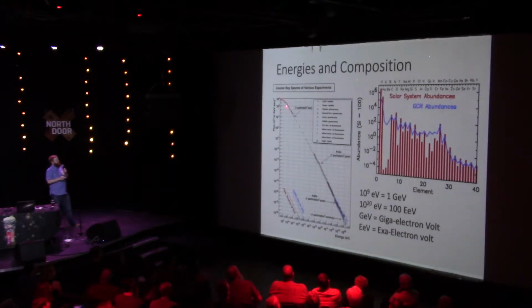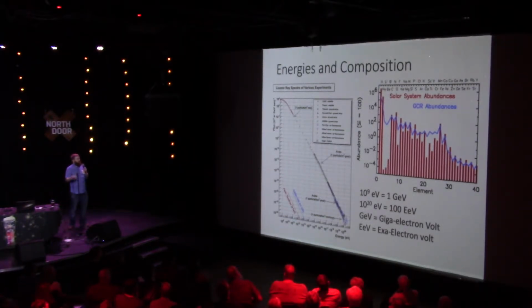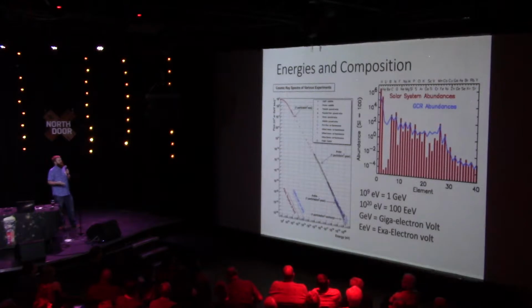What they found was that, if you look at it, it's pretty unremarkable. It's just a straight line. Now, there are some good things and bad things about that. The good thing is that there are a lot of very simple theories that can describe this. The bad news is that we can't actually figure out how to get cosmic rays up to these energies.